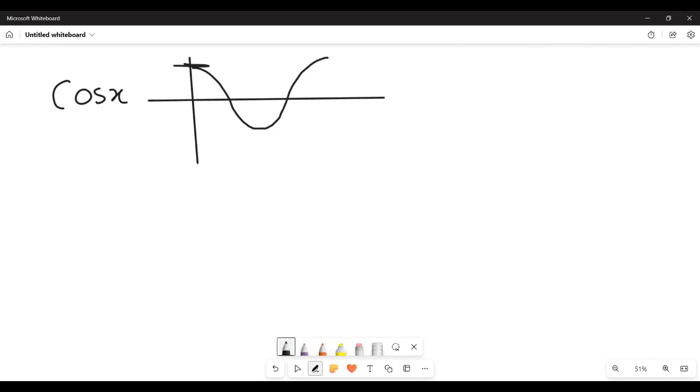This is 1, and that's -1. And this is 360 degrees, and that's 180 degrees. In between, we have a 90 here, and a 270 here. If you're in radians, then you must know that 90 is pi by 2, 180 is pi, 270 is 3 pi by 2, and 360 is 2 pi.